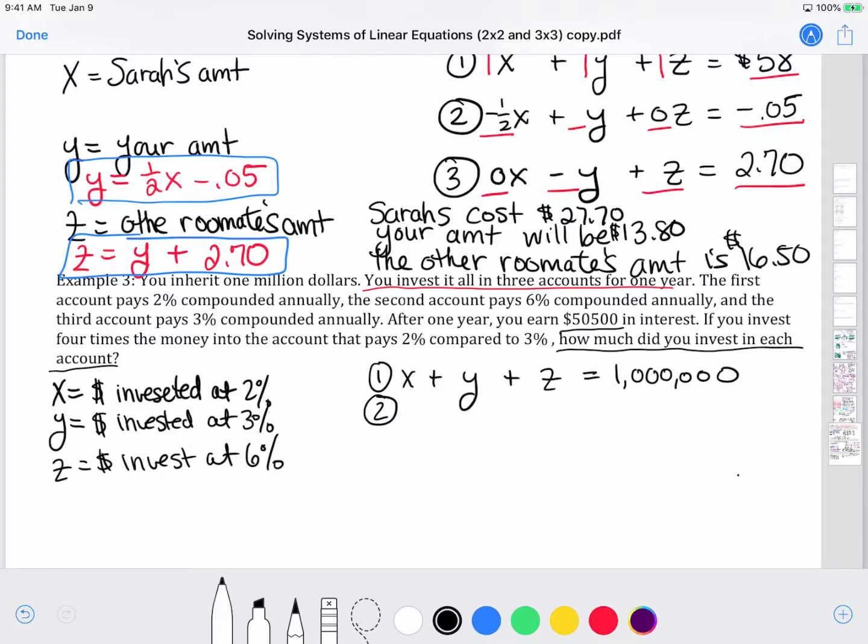And if I take the percentage times the X, Y, and Z and add it up, that should give me the total interest of $50,500. So I'm going to take 2% of X plus 3% of Y plus 6% of Z, and that should give me the total of all the interest for all the accounts, which would give me $50,500.